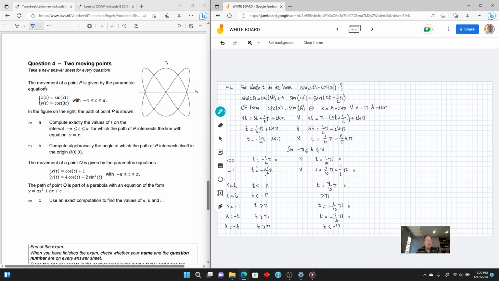In this case, the movement is given by a sine of 2t and a cosine of 3t. And the range, the interval is also given here. So at t is 0, we have x equal to 0, and cosine 3 times 0 is 1.